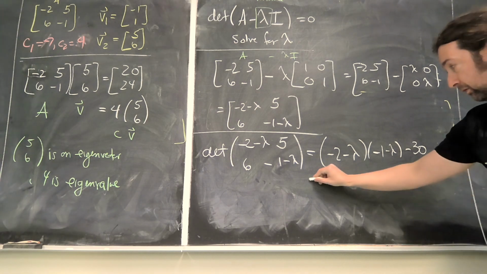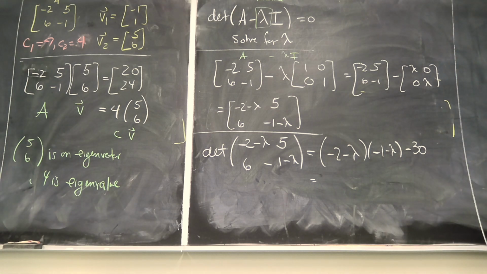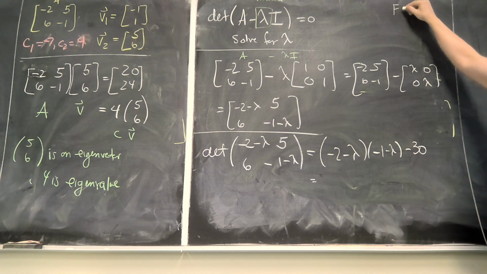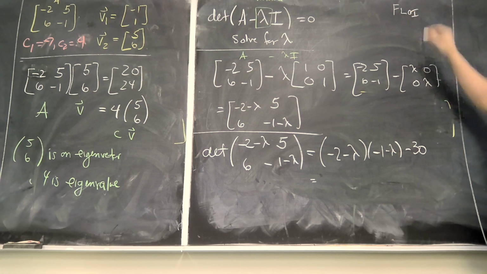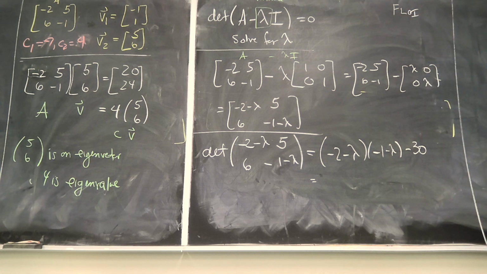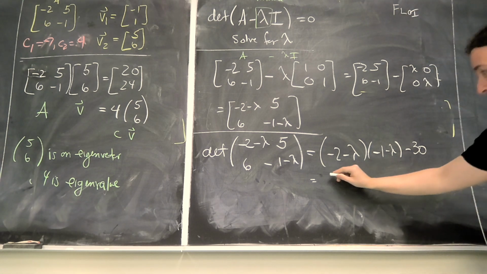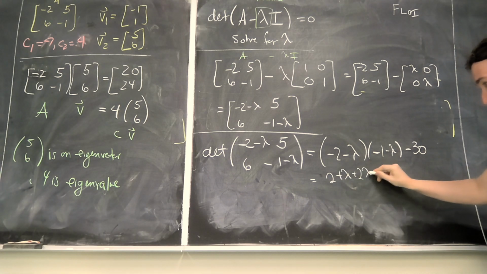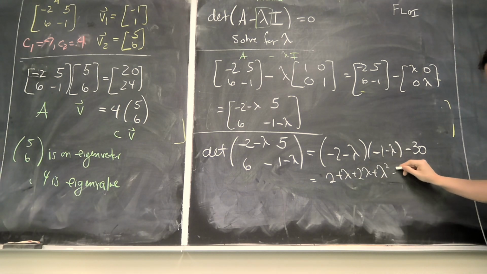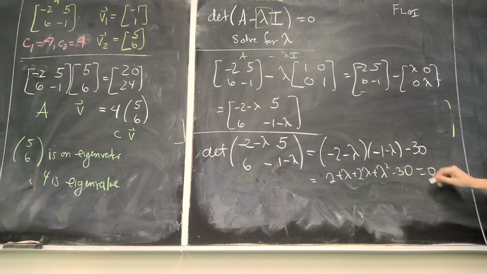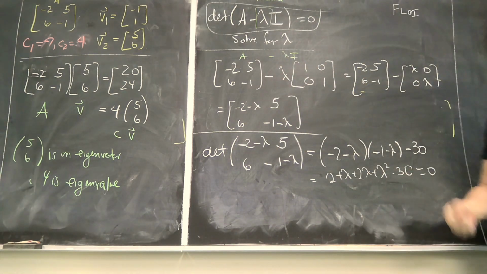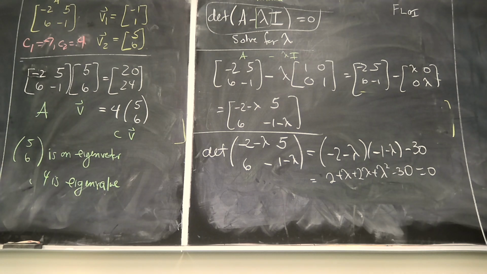So this is equal to, okay, I have a friend of mine at the department who doesn't like to say FOIL, so he says FLOY. So we're going to FLOY the polynomial. And that's going to get us 2 plus lambda plus 2 lambda plus lambda squared minus 30 is equal to 0, because the black box that I told you says take the determinant and set it equal to 0.